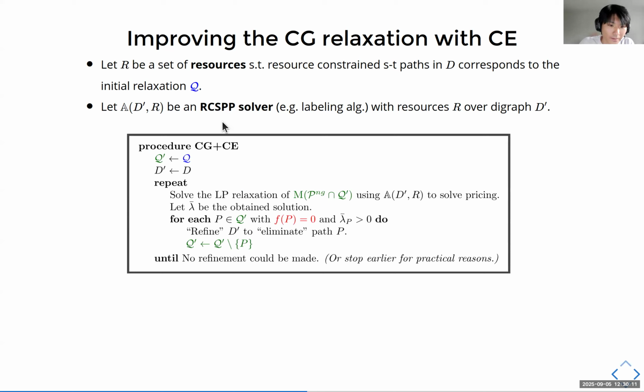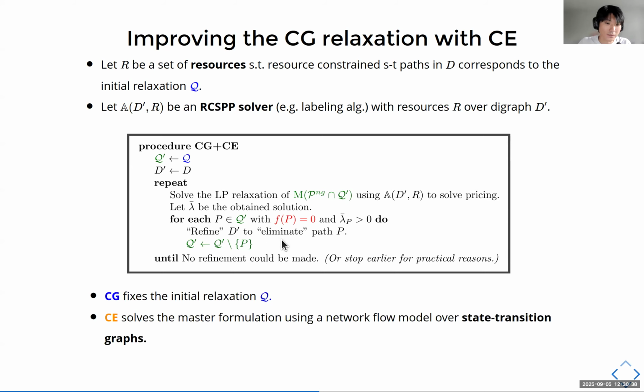So here's the main algorithm. We initialize Q prime and D prime like this. Then we solve the LP relaxation of that master formulation using algorithm A to solve the pricing problem. Then we get some lambda bar. Then I look at the support of lambda bar. If there is a path that is infeasible in this support, then I refine D prime to eliminate that path, and I update the relaxation Q prime accordingly.